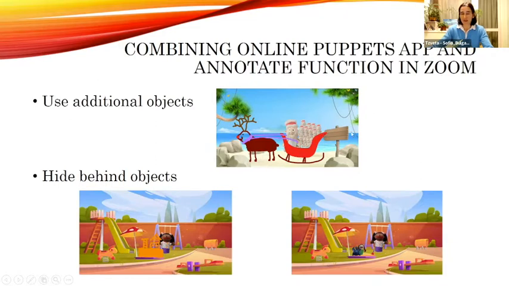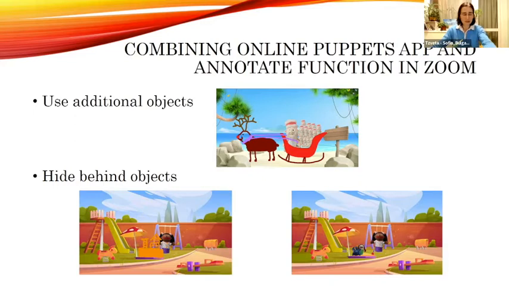You can see the Santa Claus with the elves on a holiday on a tropical island. And another thing you can do when you draw using the annotate function in Zoom, like here, you can see on the playground, there is a sandcastle built.